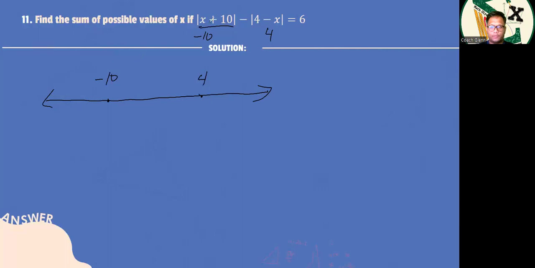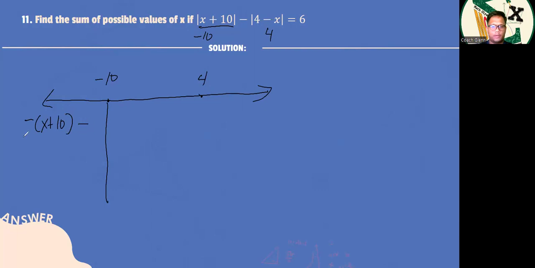If our number is less than negative 10, let's say negative 11. Negative 11 plus 10 is negative, so your absolute value function will be multiplied by negative 1. That's negative 1 of x plus 10. If we substitute negative 11 here, 4 plus 11 is positive, so that won't change.